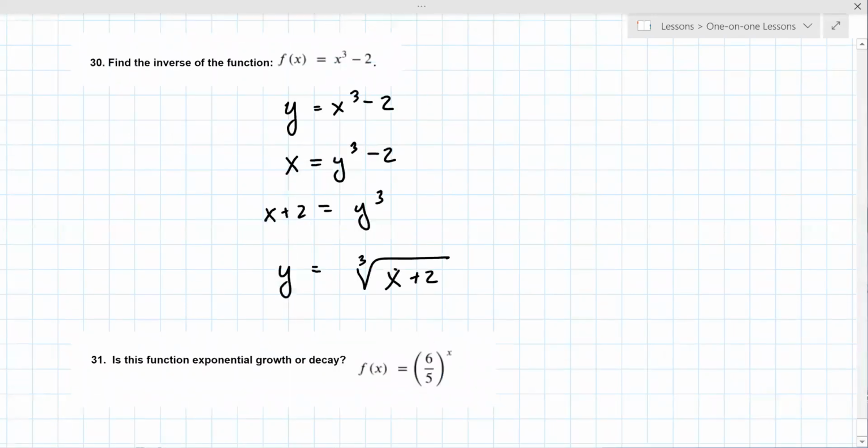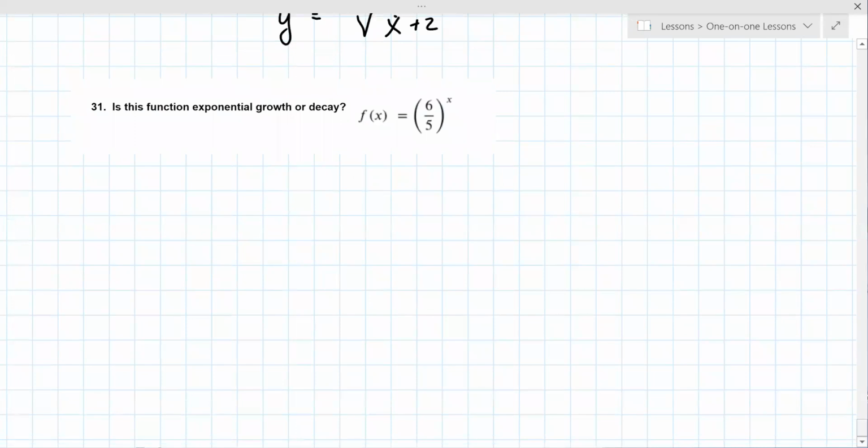31 says, is this growth or decay? It is growth because the number inside here is greater than 1. This would be growth, right, because it's more than 1?